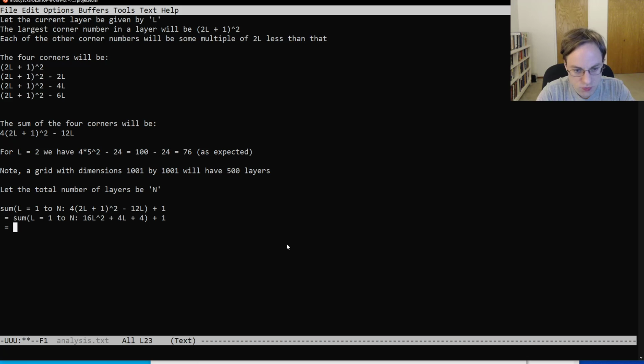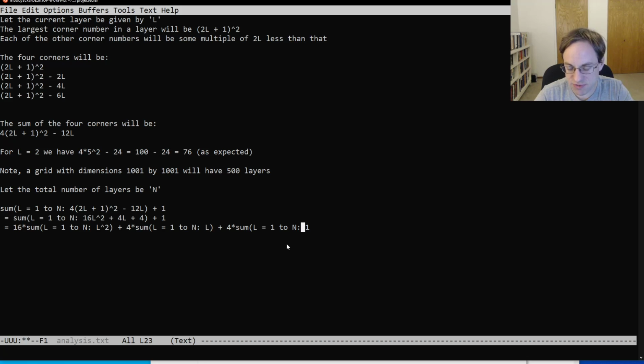And so now I'm going to break this into 3 different sums. So it's going to be 16 times the sum from L equals 1 to n of L squared, plus 4 times the sum from L equals 1 to n of L, plus 4 times the sum from L equals 1 to n of 1.